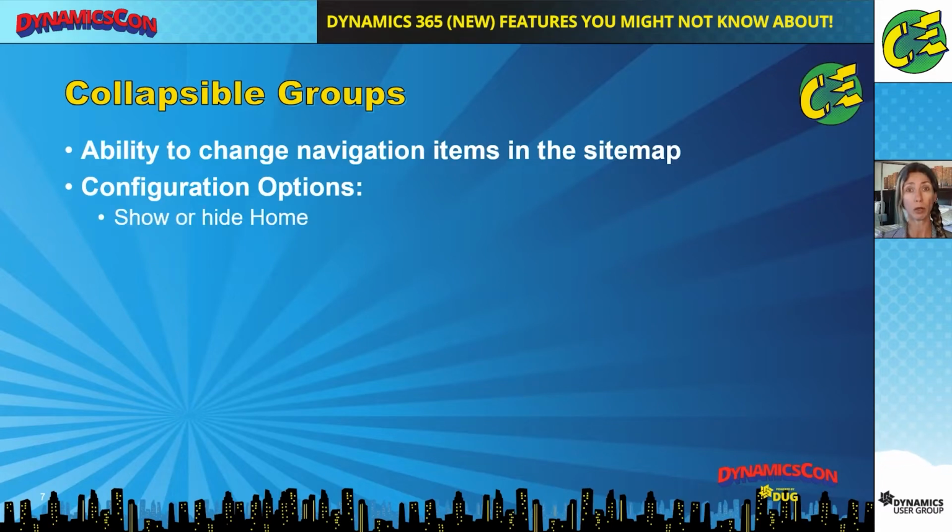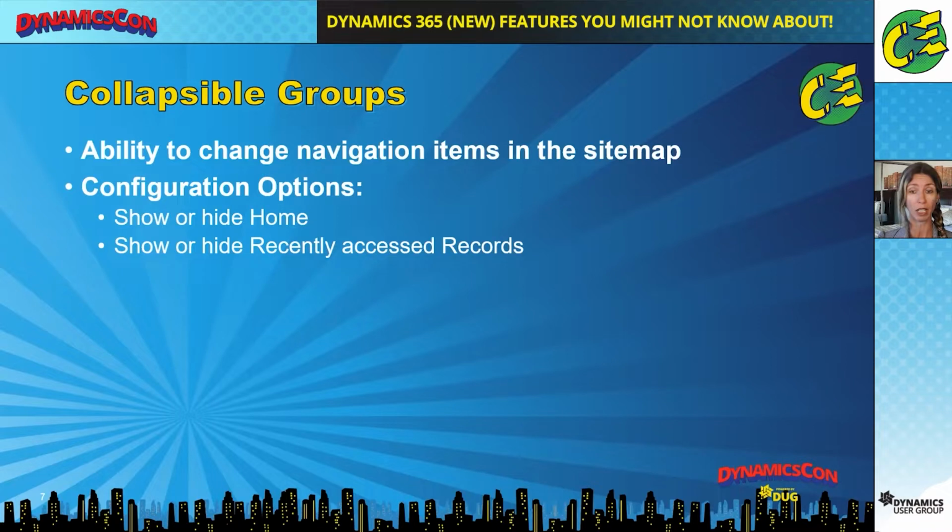Now, some of the configuration options that we have here, we can actually show or hide the home button. We could not do that before, so that's a really nice feature. We can also show or hide the recently accessed records in here as well. Again, something that we couldn't do before.